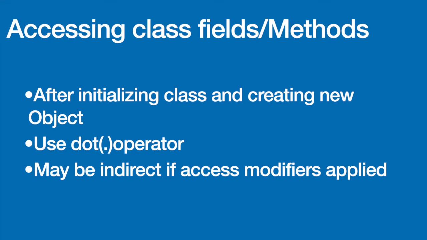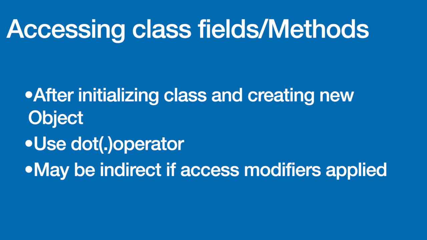Access to the instance fields or methods could be indirect, if we apply access modifiers that limit access to the class fields and methods. Sometimes we use methods which need to be used while we are defining the class, but we access them with another method.